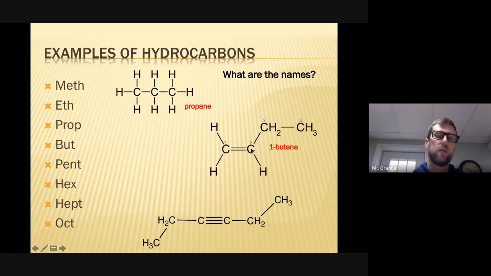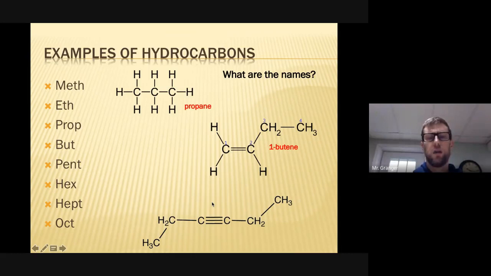It immediately follows carbon 1. And we want to count these structures in such a way that when we number the multiple bond, whether it's a double bond or a triple bond, we give the multiple bond the lowest number value. So this is 1-butene.